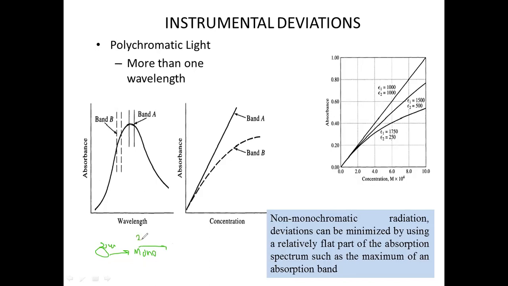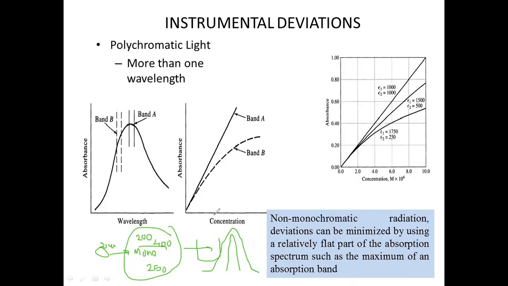So if the source is emitting in the range of 200 to 400 nanometer, and your monochromator is set at 250 nanometer, it should only send 250 nanometer onto the sample cell. But this condition is rarely seen. Each monochromator has its own band pass. Some monochromators have a narrow band pass, and some have a broad band pass.